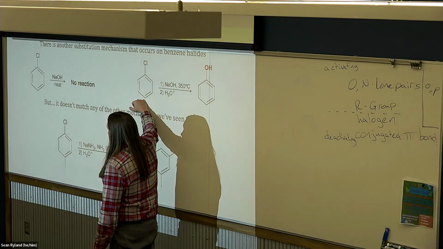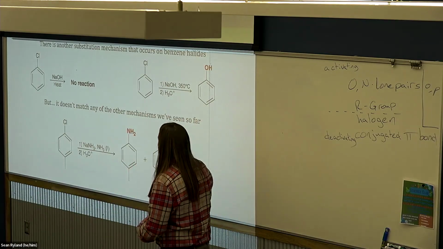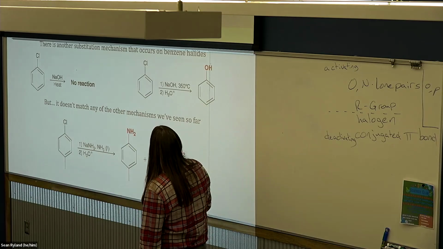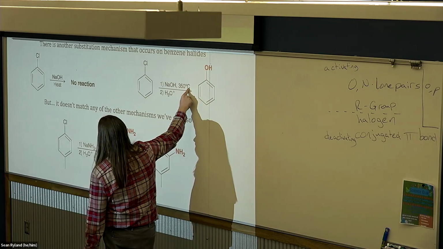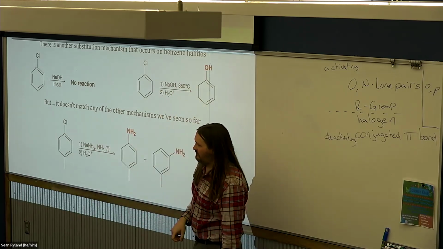But it's not the same as the other mechanisms we've seen. Specifically, we need a nucleophile. We need to get hot. But then we also follow it up with acid.